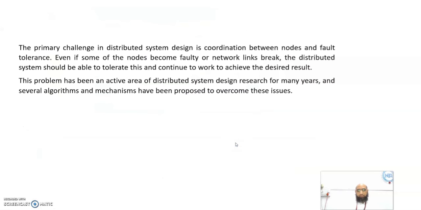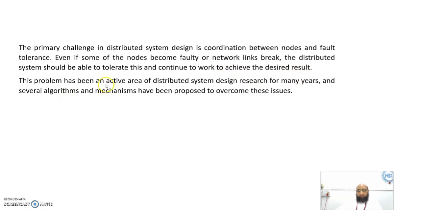So how are we going to solve this? The primary challenge in distributed system design is coordination between nodes and fault tolerance. There should be coordination between nodes and there should be some fault tolerance. Even if some of the nodes become faulty or network links break, the distributed system should be able to tolerate this and continue to work to achieve the desired result.